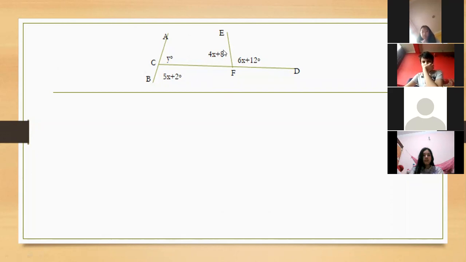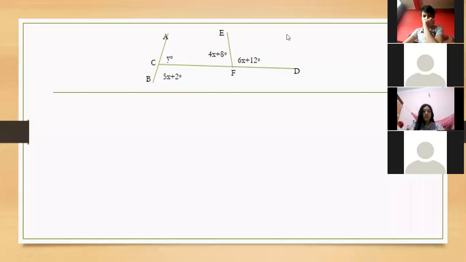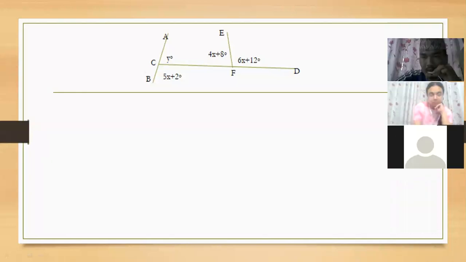Yes, very good. Straight angle. This plus this, because we can add 4x and 6x, and these two angles are a linear pair, a straight angle also. You are absolutely right.